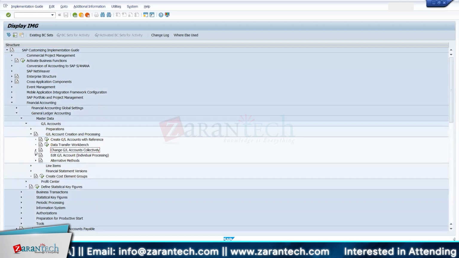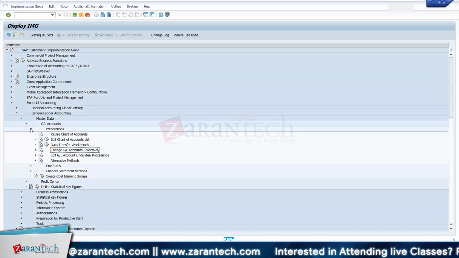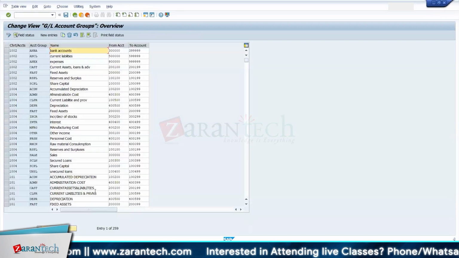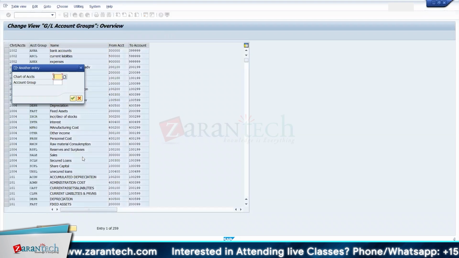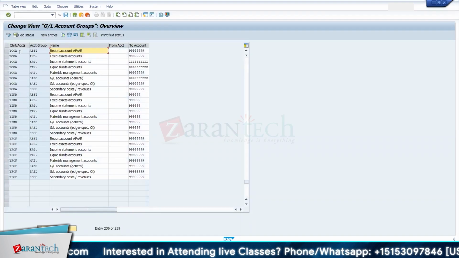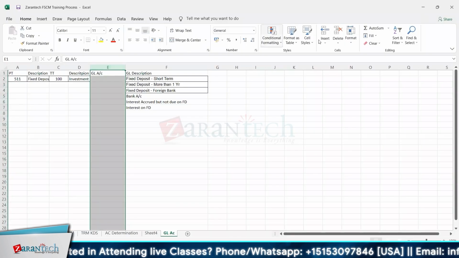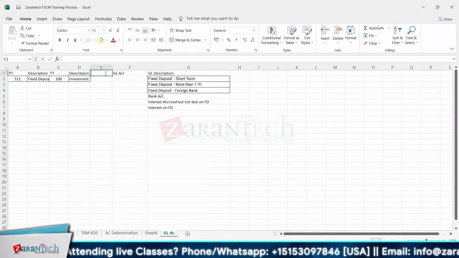So here preparation, define account group. Now I'll give this chart of accounts, YCOA, right? So chart of accounts I should maintain somewhere, this is very important.